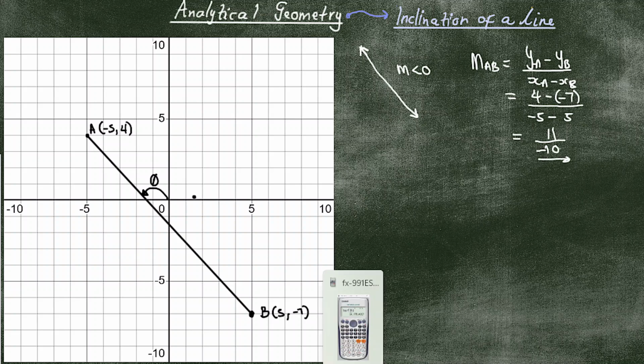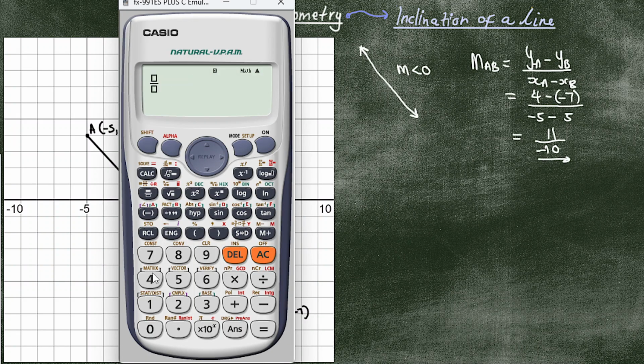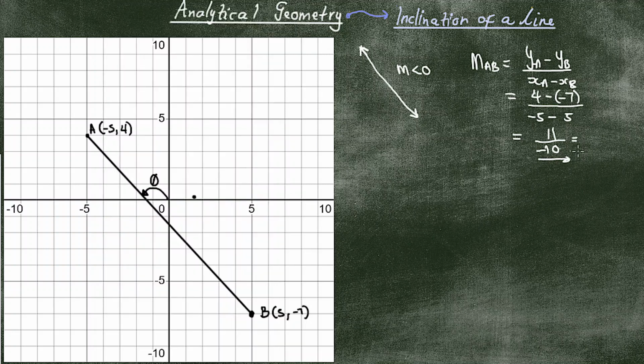Let's double check. So it's 4 minus negative 7, then negative 5 minus 5. Yes, the answer is negative 11 over 10. You can see the calculator writes the answer like this, and this is the same, right?